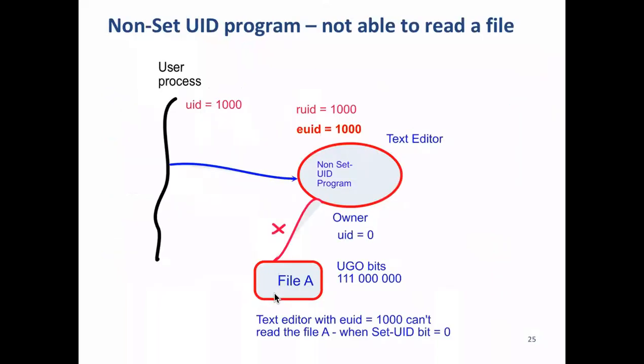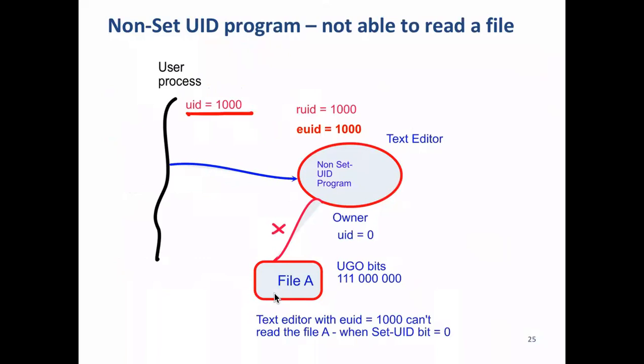Now look at this diagram, which I tried to make based on my understanding. So I'm running a process. My user ID is 1000. I am running a program. This is a process which is running a program.